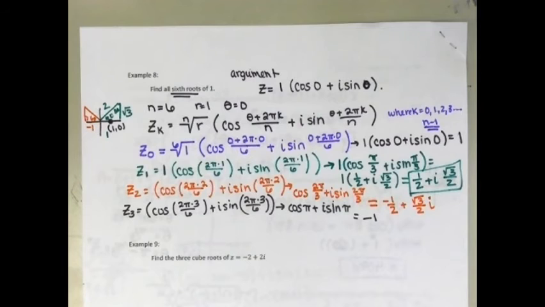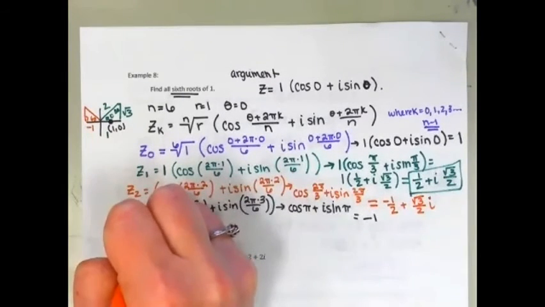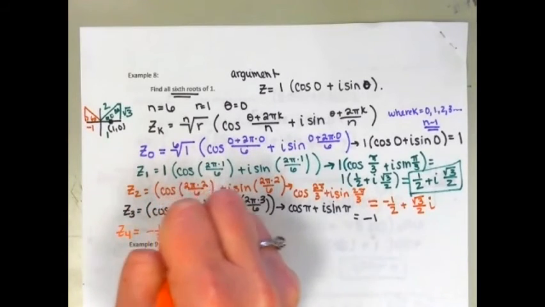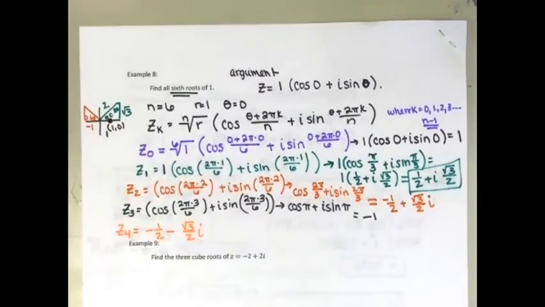All right. Are you guys getting the steps on this? Do you want to keep going? No? All right, I'll just give you the answers. So z to the 4th is -1/2 minus radical 3 over 2 i, because now we'd be in quadrant 3, so both the sine and cosine would be negative, right?